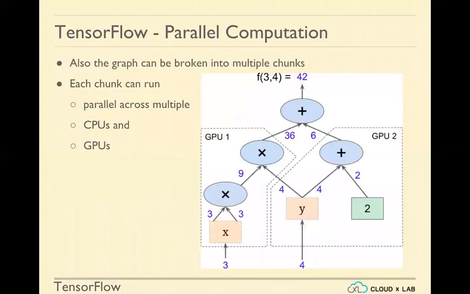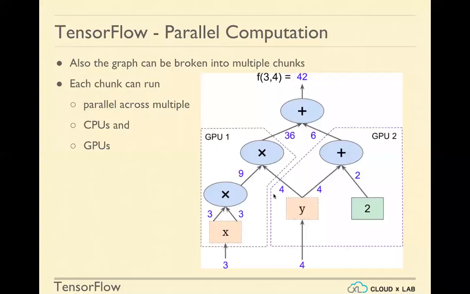The question is why do this? What is the point of having a graph carried around instead of just computing the value, and doing the lazy computation? The idea is that this graph can be further broken down into subgraphs, and these subgraphs could be given to different GPUs or different CPUs.